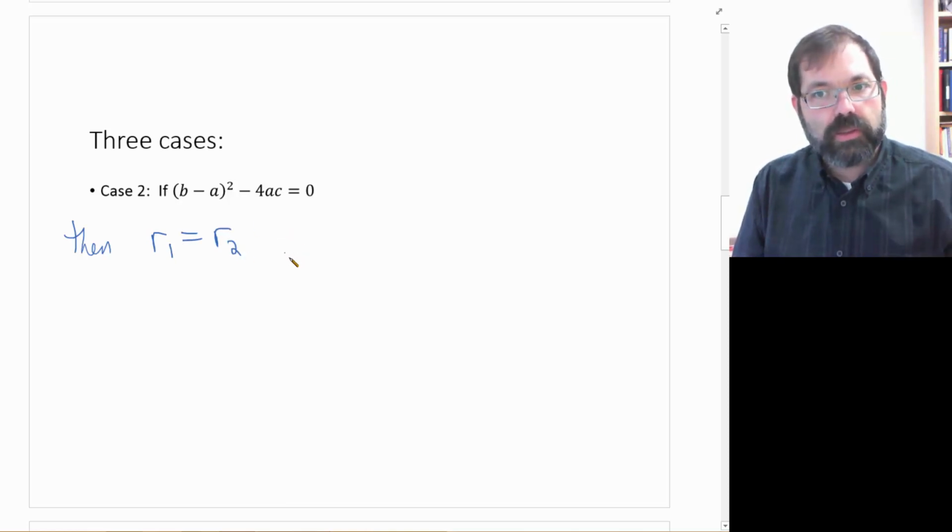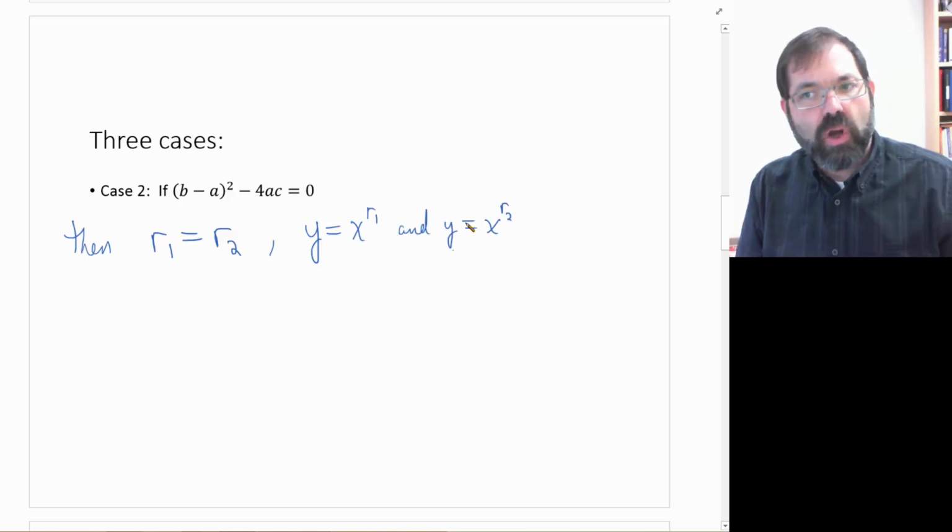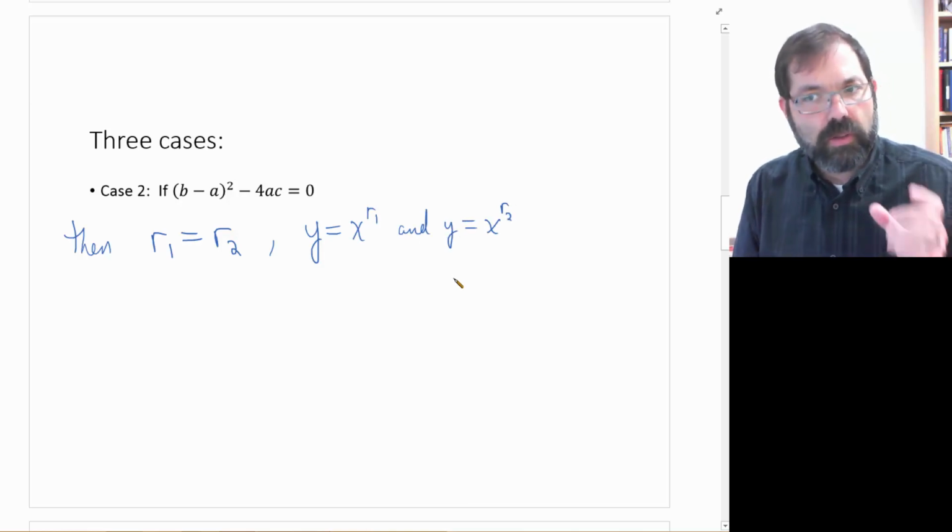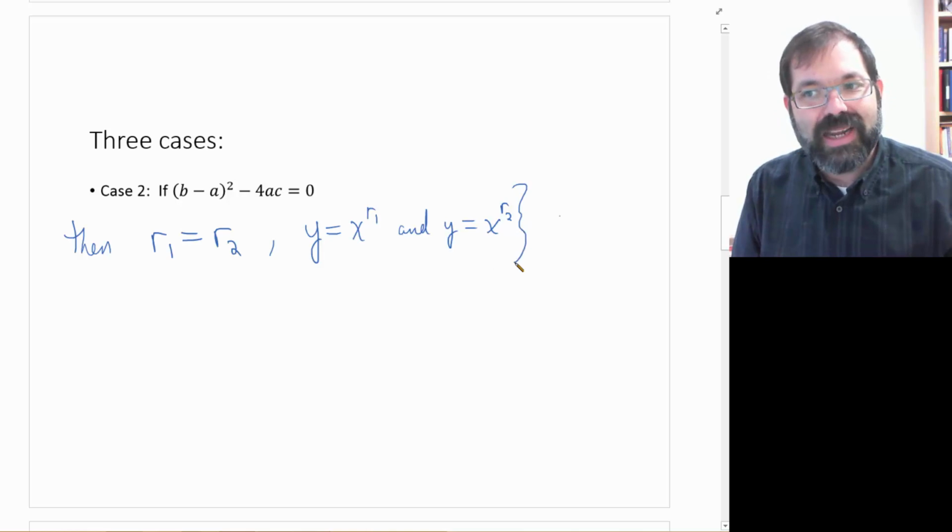Now remember, this means that if we said y equals x to the r1 and y equals x to the r2, since r1 and r2 are the same, these are not linearly independent.